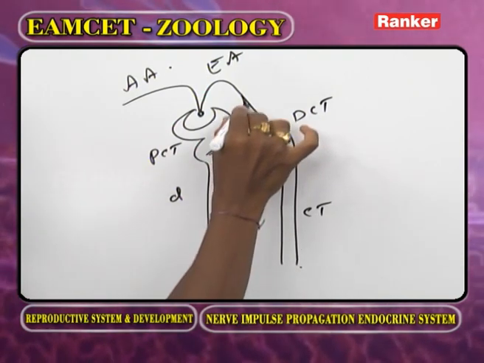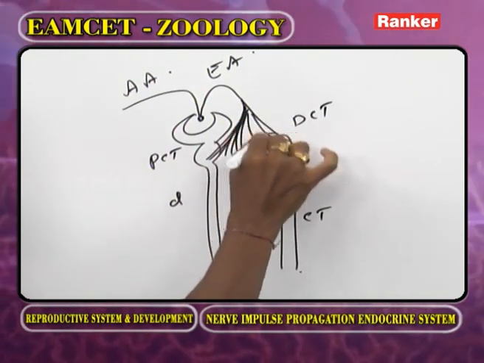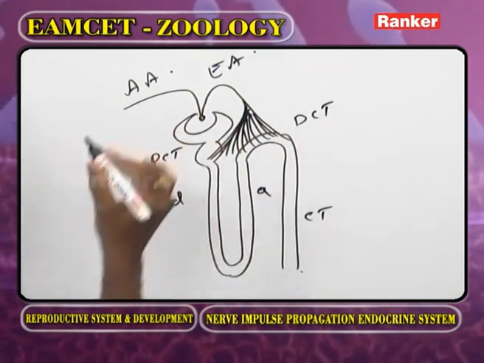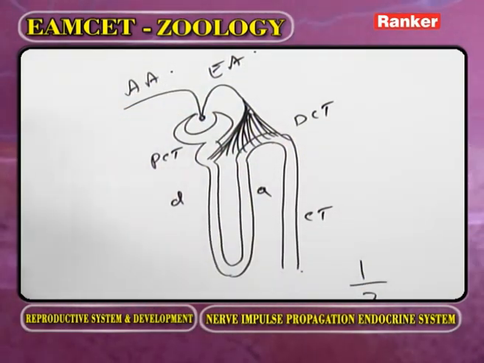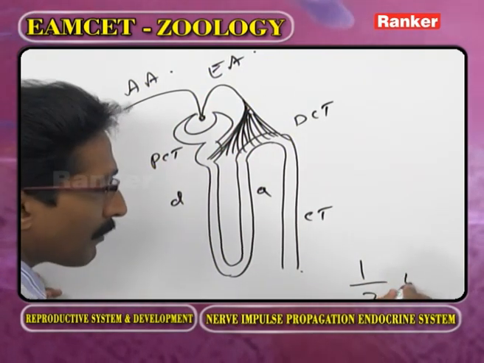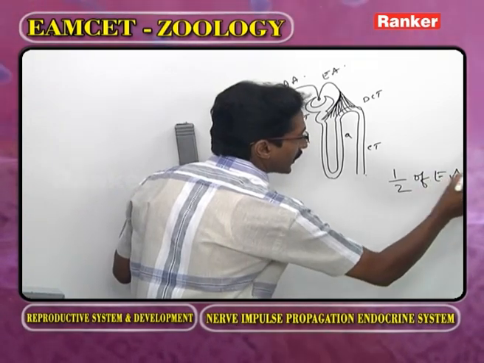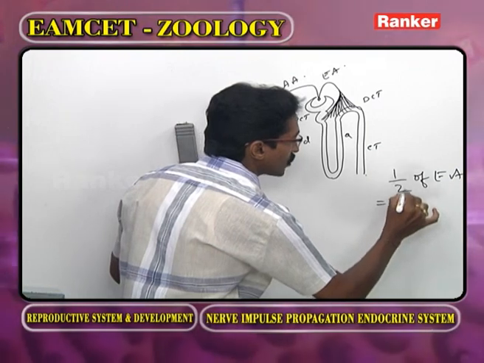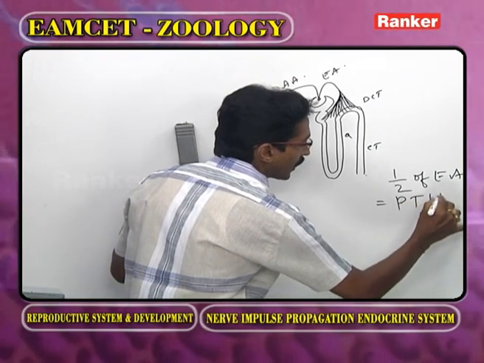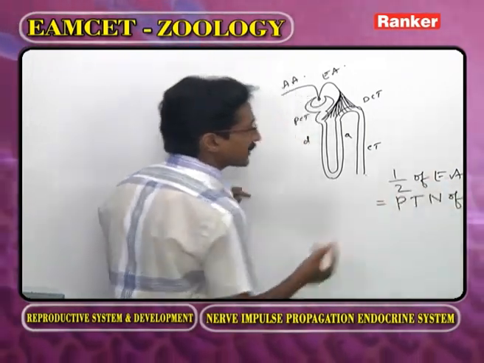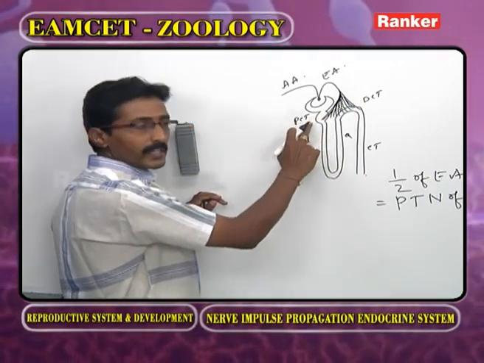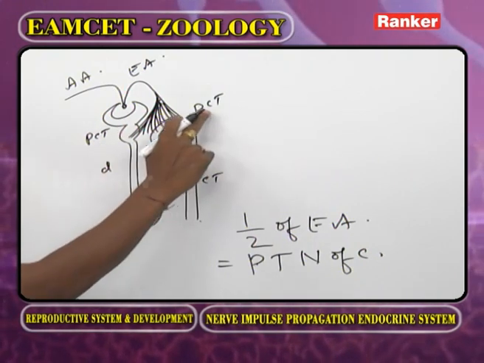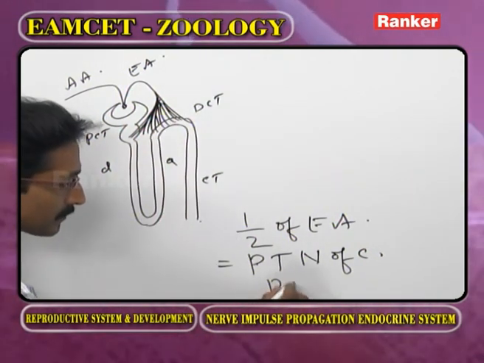Students, observe the diagram: this indicates the part. The part of the efferent arteriole gives rise to the peritubular network of capillaries, which is associated with the PCT and DCT.